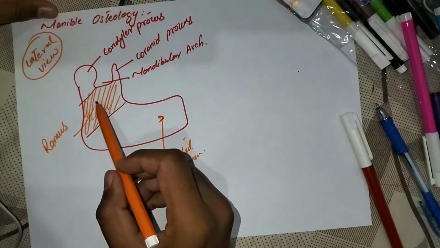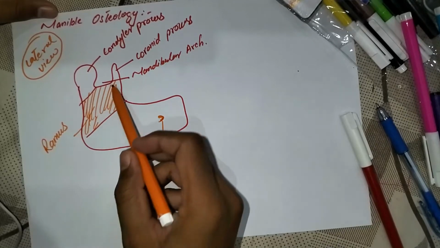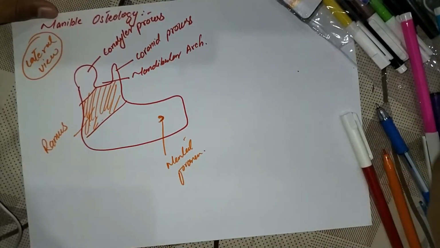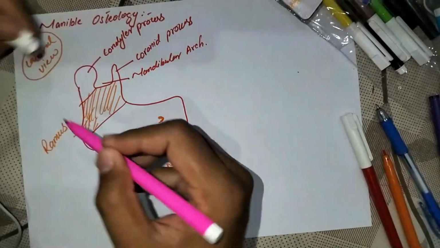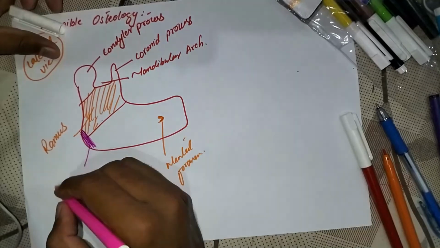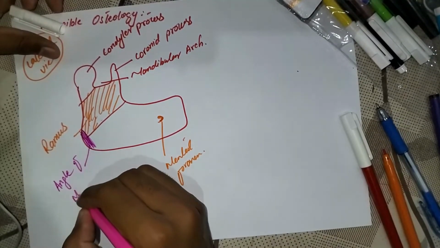So let's continue. Here we have the ramus next to the condylar and the coronoid process, and inferior to the mandibular arch. Next to ramus, this portion of mandible is called the angle of mandible.